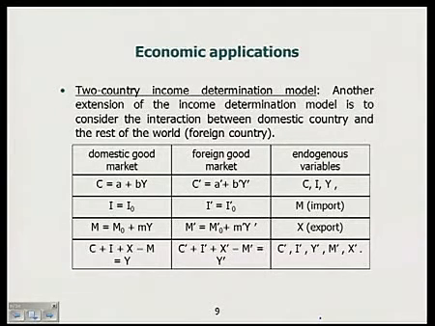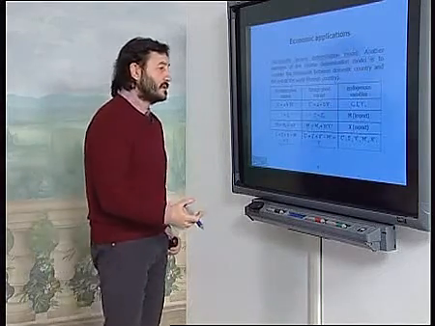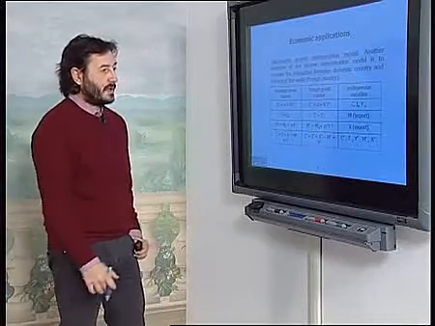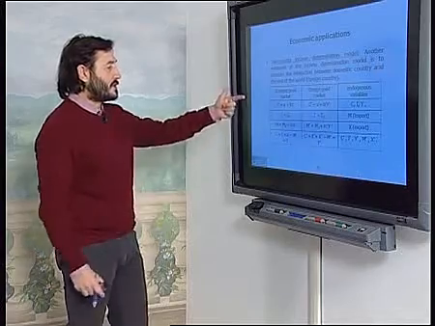The domestic goods market, the foreign goods market, and the endogenous variables are the elements that are building this table. And then we want to use, again, matrix algebra, determinants, Cramer's rule, to evaluate our variables. These are all the equations.